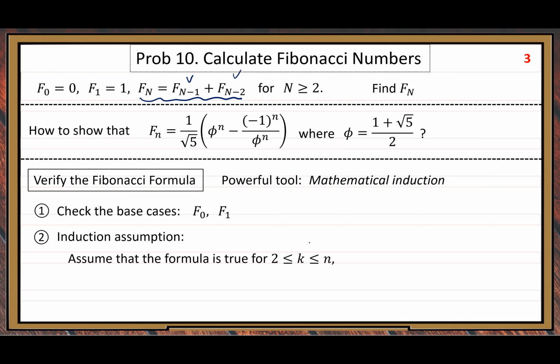Here we are looking at the k place. k is in this range between 2 and n inclusive. So we can write F sub k equals the form of the Fibonacci formula, but our variable is k. That's the induction assumption here.